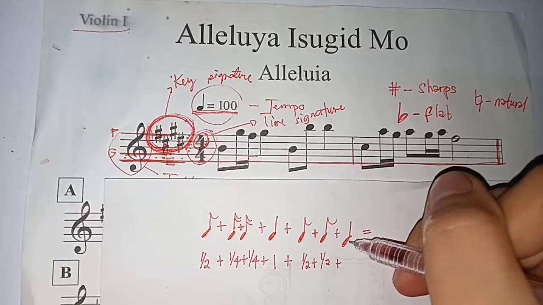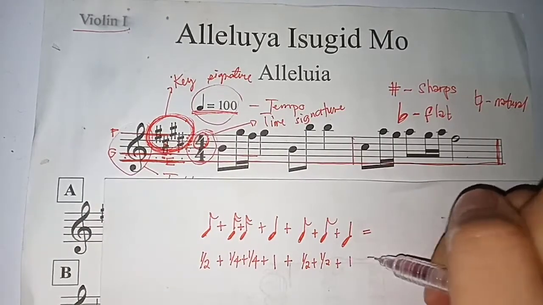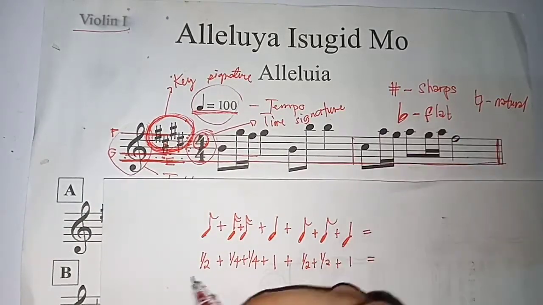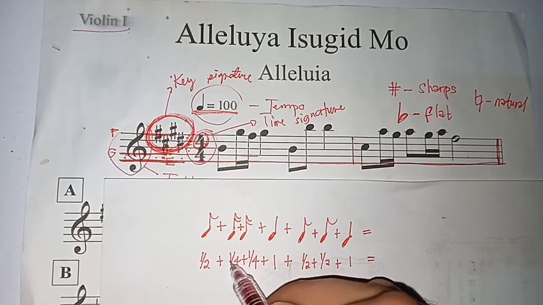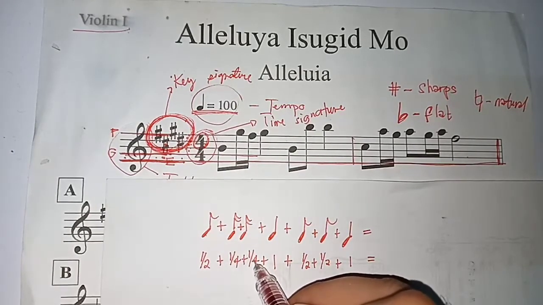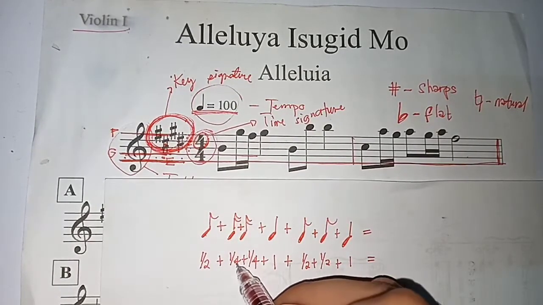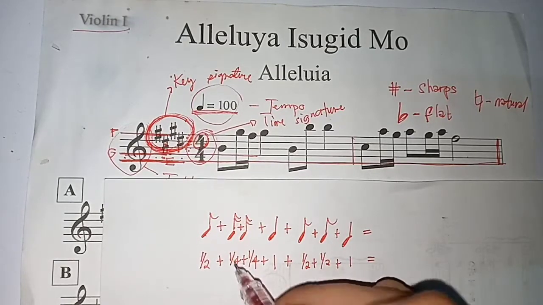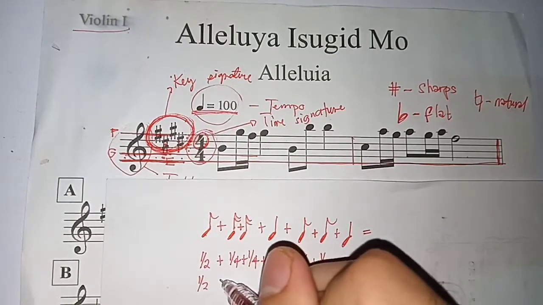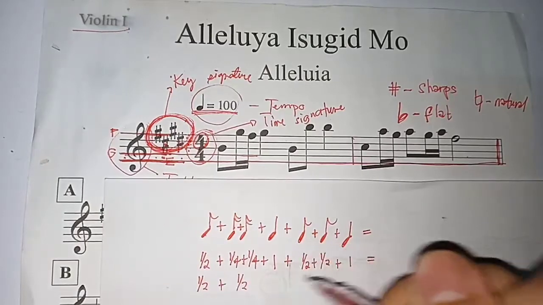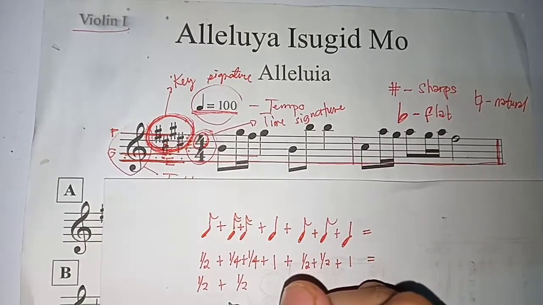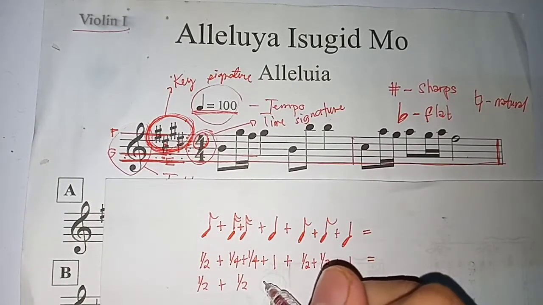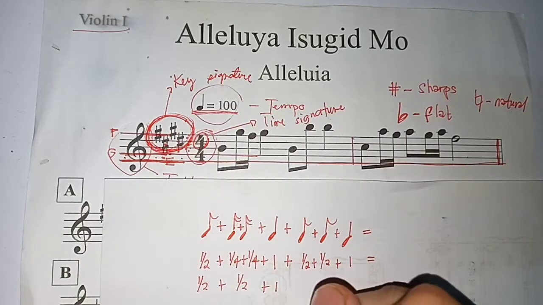Plus the value of a quarter note, 1. So we will add them all. 1/2 plus 1/4 plus 1/4 is 1/2. So 1/2 plus 1/2 is 1. Plus 1, we have 2 already in here.